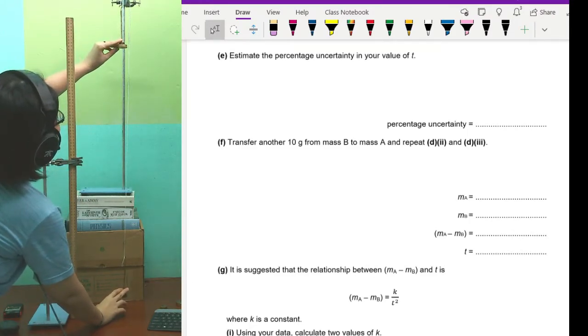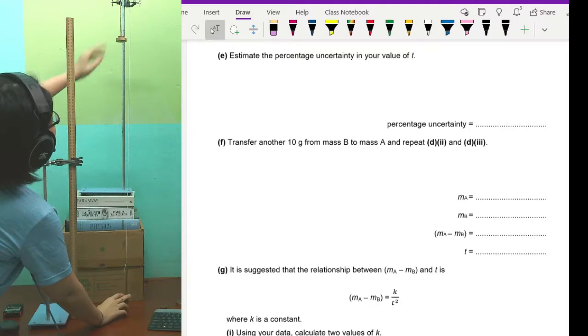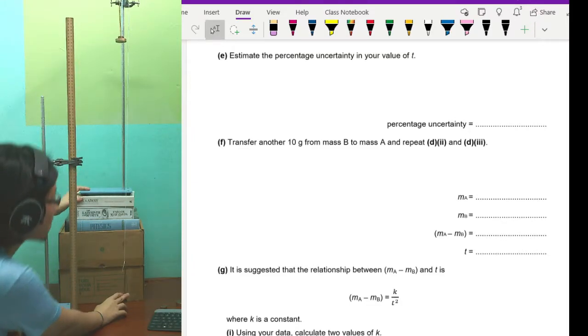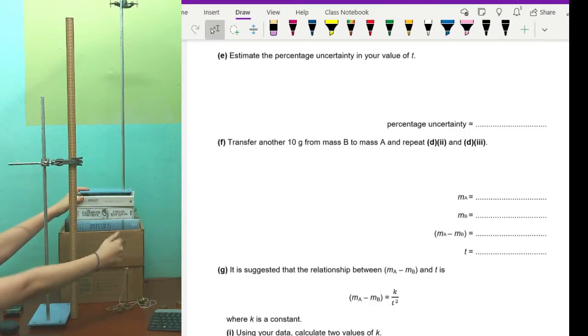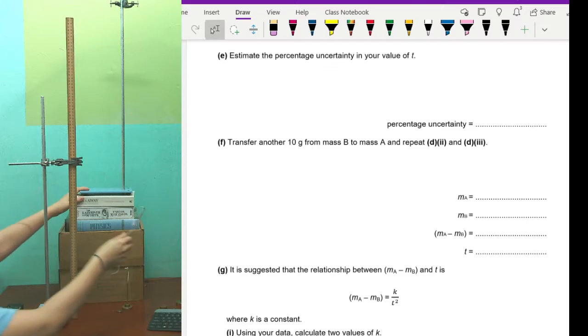Don't move. Okay, better now. And we are ready to go. Ready your stopwatch. Second reading. Okay, that was good enough.